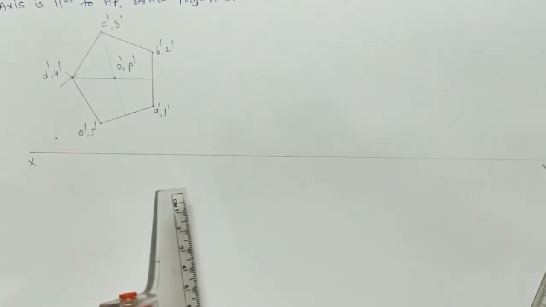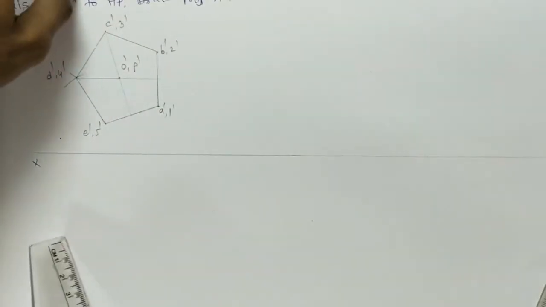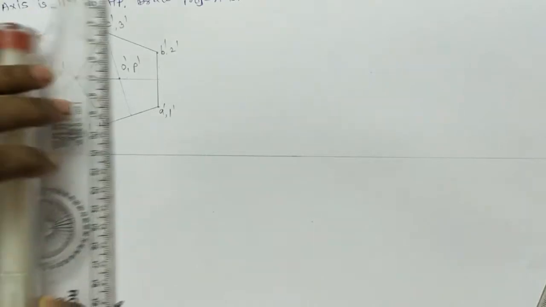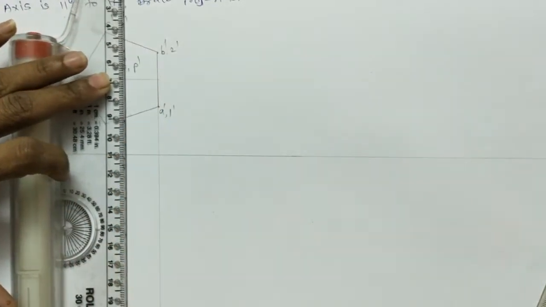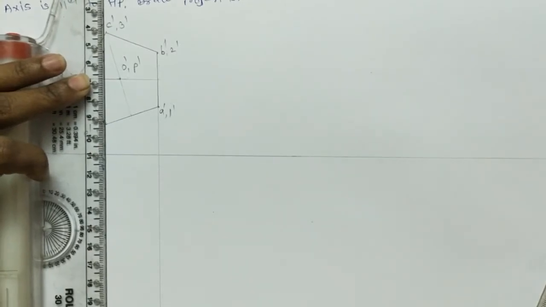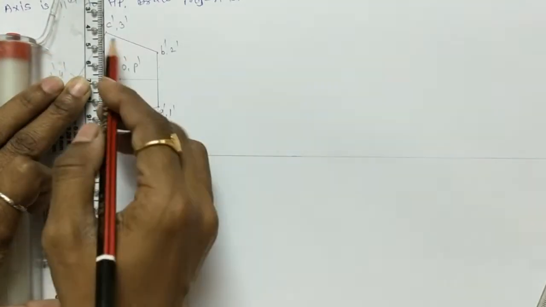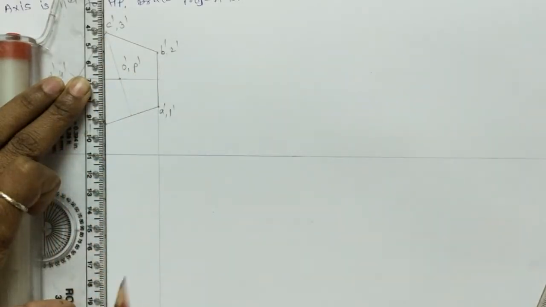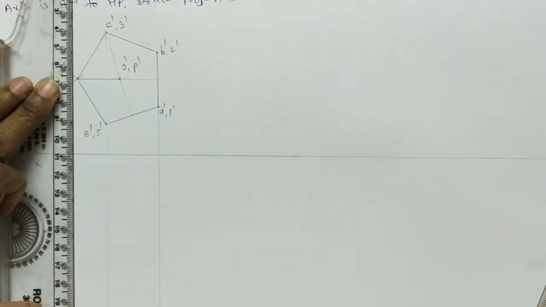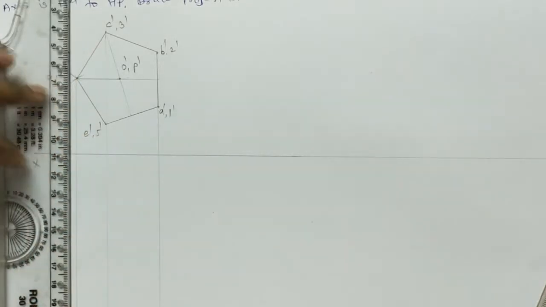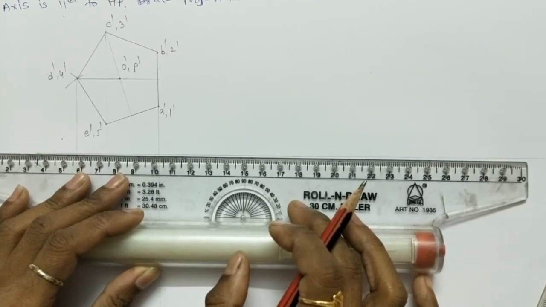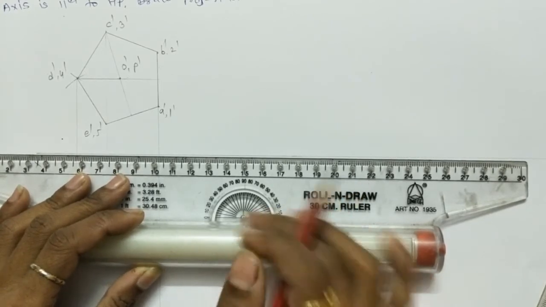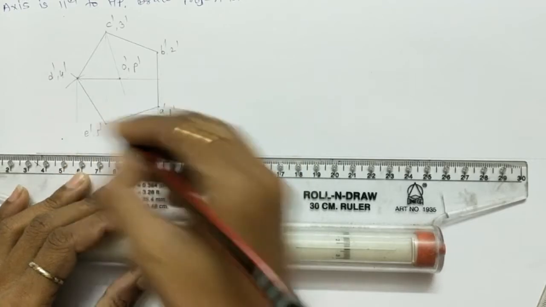Now axis 65 mm long is given for the prism. So take projections of all these points vertically downward. These 2 points lie on the same line like this. And now draw like this.